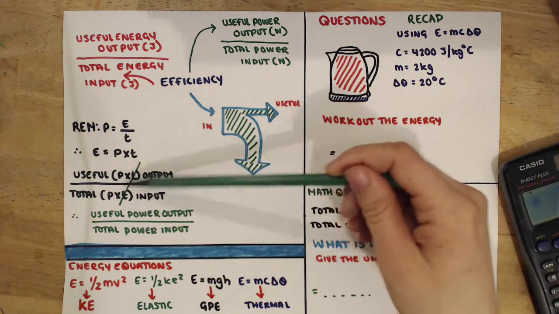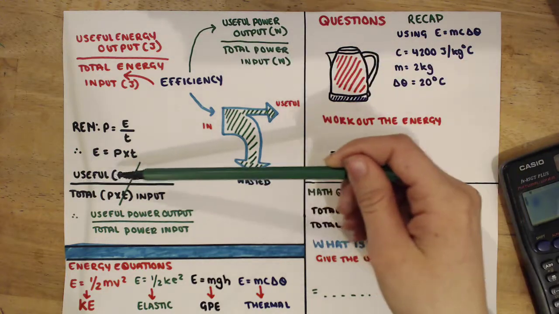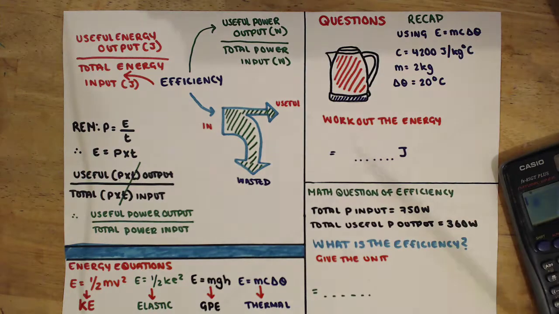Then we sub this power times time into here for energy, we cancel the t's because the time taken is the same, and we're left with this equation here. So if you're given a question in the exam that gives you values for your total power input and your useful power output, don't be psyched, it's the same thing, so don't worry about that.